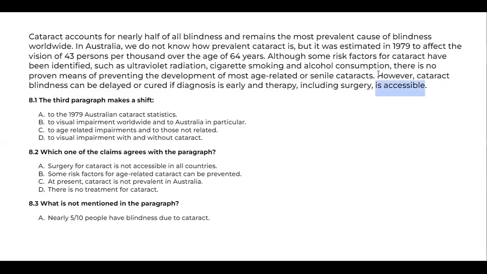Does it say that in some countries like Uganda, Somalia, or any of the countries, Bangladesh or India, this is not available, accessible? Accessible and available are slightly different. Something may be available, but it may not be accessible. For example, there is an MRI machine in a hospital somewhere 40 kilometers from here, and there is a great hospital, but there's a problem for some people.